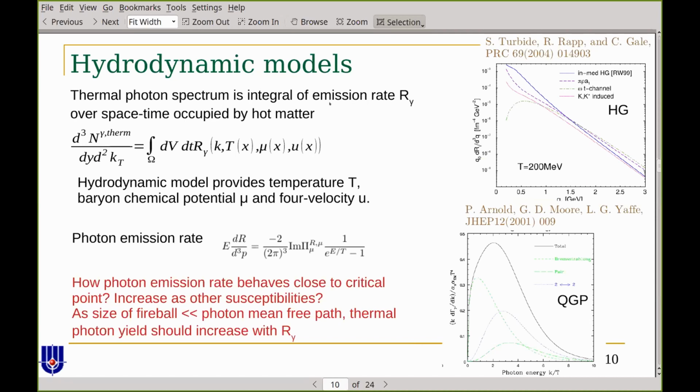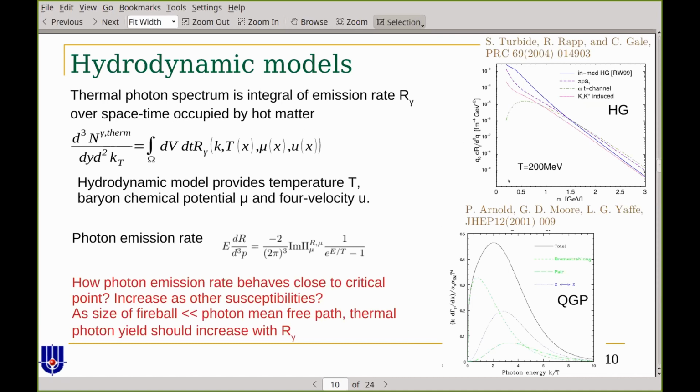So to do this, we need the emission rate, which depends on photon energy, temperature, baryon chemical potential, maybe other chemical potentials, and the velocity of the elementary volume. And the evolution, or description of the distribution, of temperatures, chemical potentials, and flow pattern is provided by our hydrodynamic model.